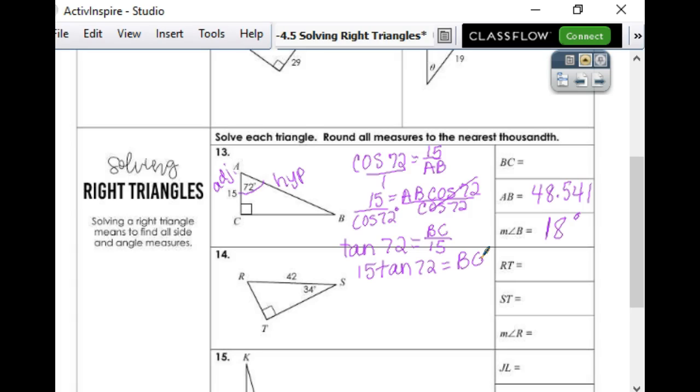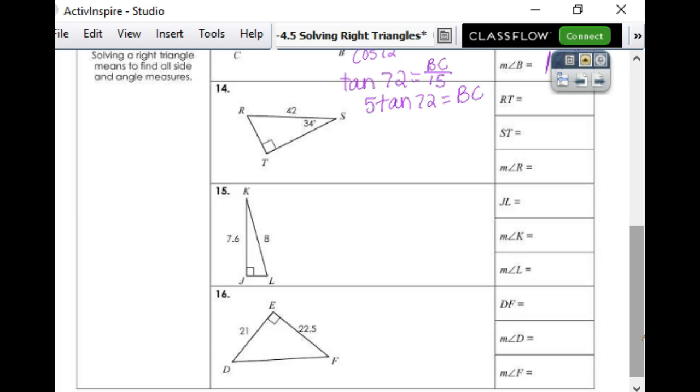On the first go round, some of you didn't know what to do next. Do I have to do anything? BC is by itself, so now you can just multiply 15 times tangent of 72, and I got 46.165. Yes? Perfect.